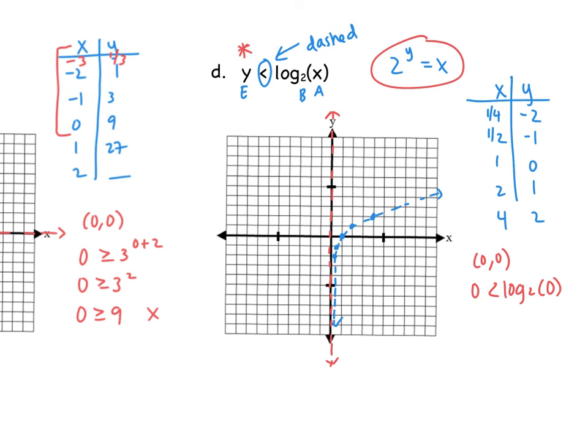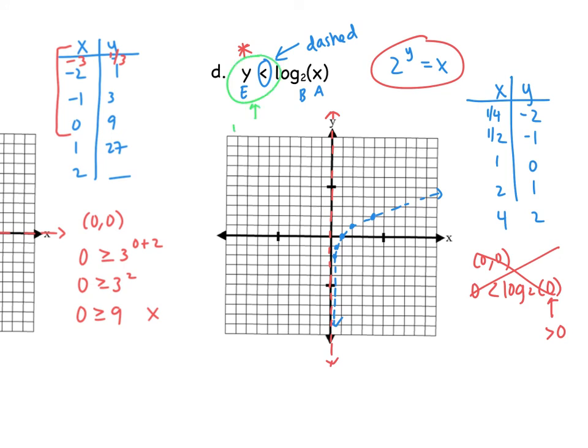Do you all remember talking about how this argument has to be greater than 0? Or does that now ring a bell? No. You can't do the log of 0. So I'm going to give you a secret. We're not going to test a point here. Instead, we are just going to read this inequality.